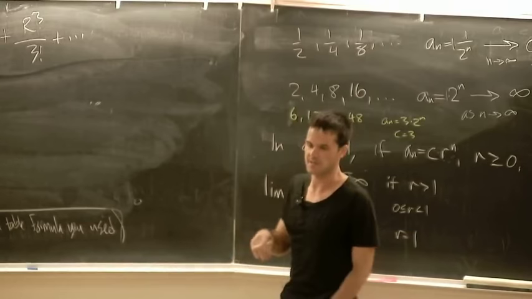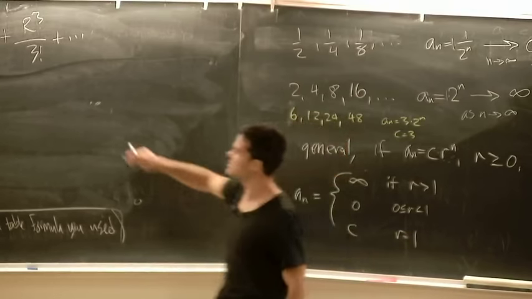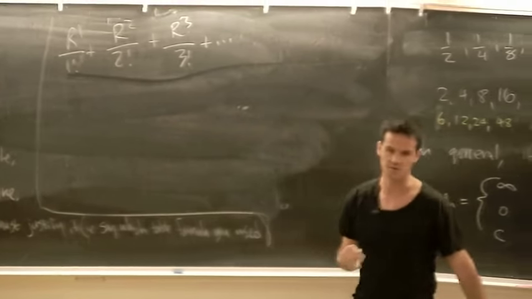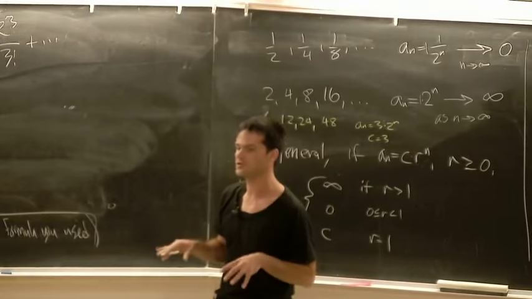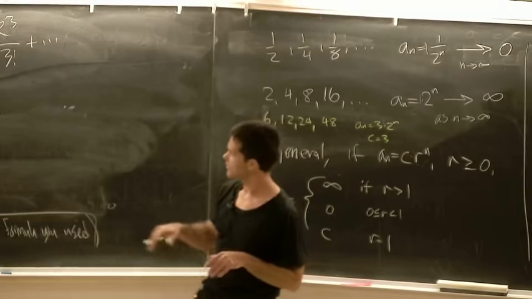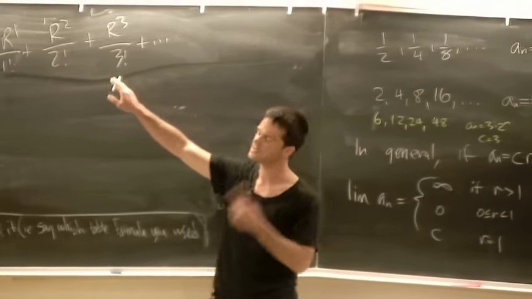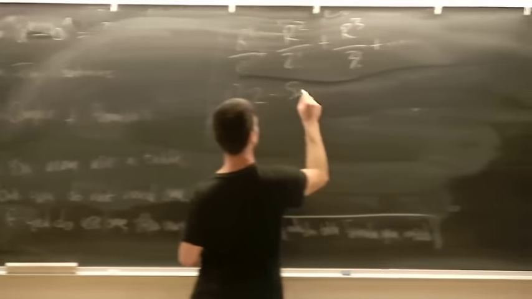That's how fast this sequence goes to 0. Not only does the last term go to 0, the sum of the terms goes to 0, which is not always true for these sort of expressions, which are called series. So that's the subject of 10.2.